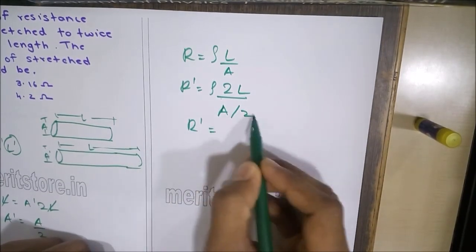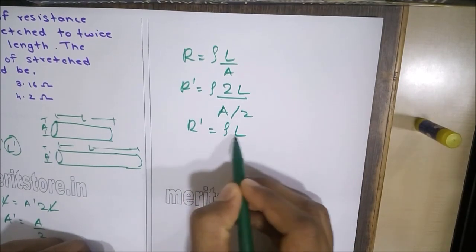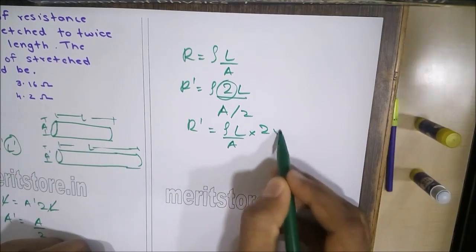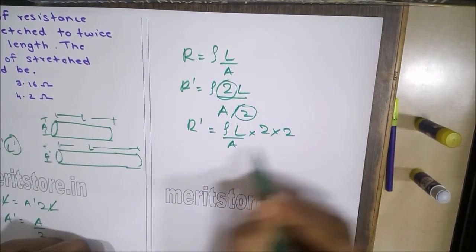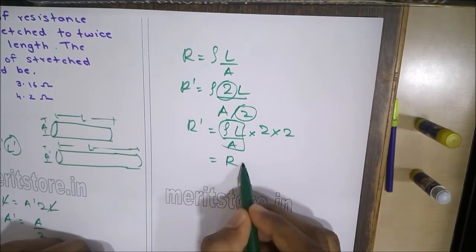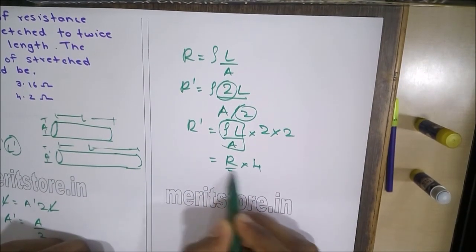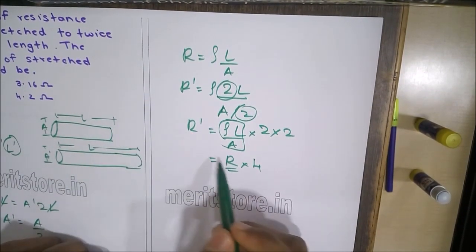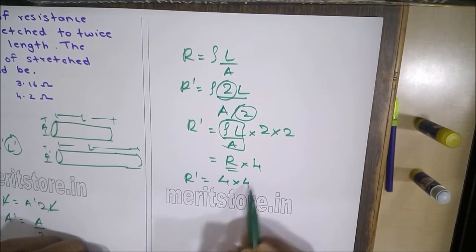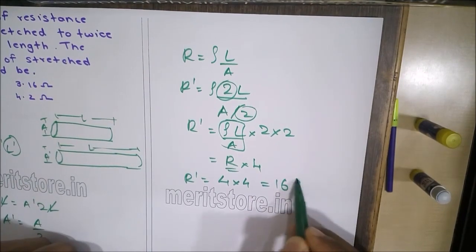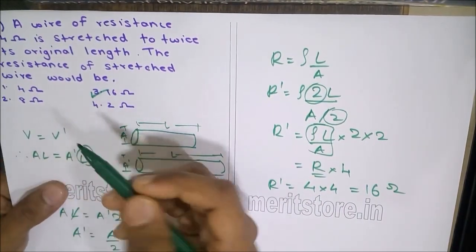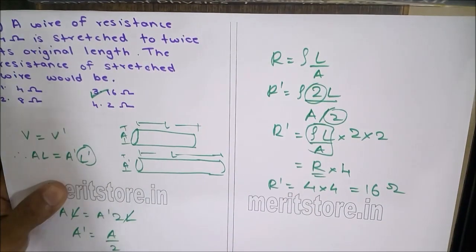So R dash would be rho L by A into this 2 and again this 2 would come into the numerator, which is initial R value into 4. So this initial R value is 4 ohms. So R dash would be 4 into 4, which is 16 ohms. 16 ohms, that is option number 3. Therefore, option 3 is the correct answer.